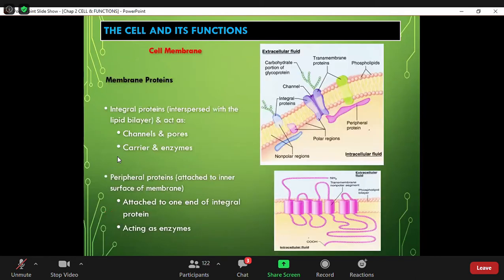The membrane proteins are your integral proteins and your peripheral proteins. Your integral proteins are the ones interspersed with the lipid bilayer.